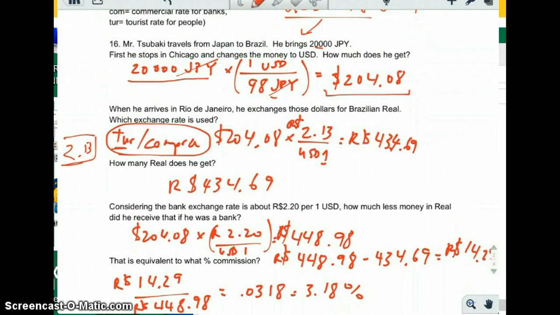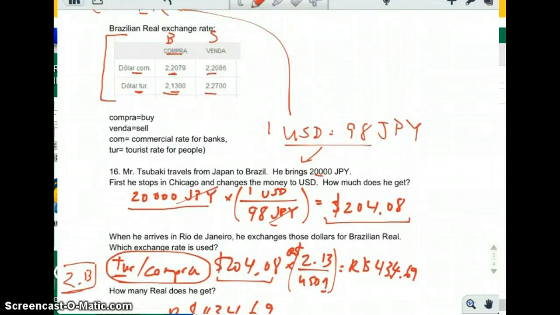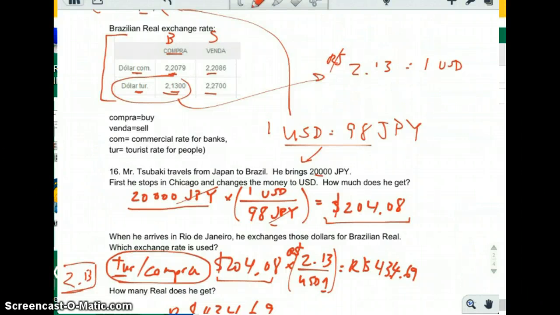All right, now let's actually see how many reais he gets. So you start out with 204.08, and then you're going to multiply it times an expression that is equivalent on top and bottom. So the exchange rate is 2.13 reais is equal to 1 US dollar when you are buying reais.